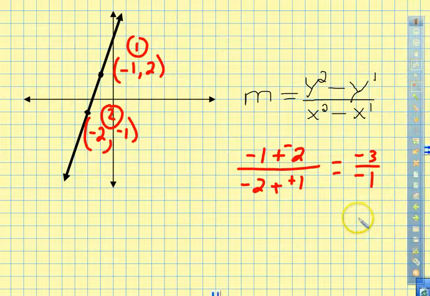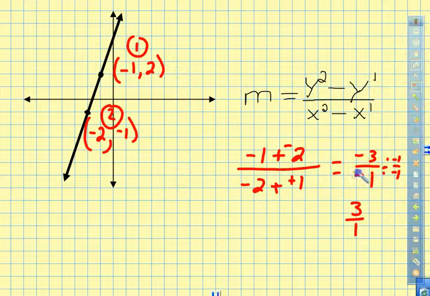Now, one thing that you have to realize is that you cannot have two negatives. This is like a -3 divided by a -1, and we can get rid of both of those negatives by dividing by a -1 to each one, which then gives me 3 over 1. Basically, again, you are dividing by a -1 to each one of those to get rid of that.